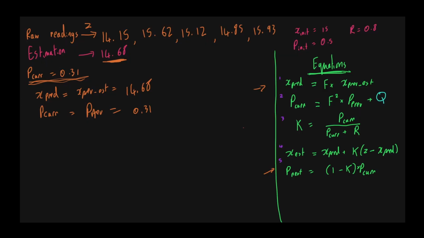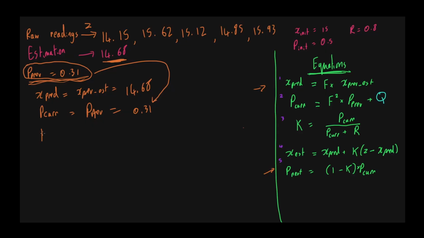And actually, I shouldn't write P current. I should write P previous here because that was in the last. So this was calculated from our last time step, and we're going to use that in our current time step.